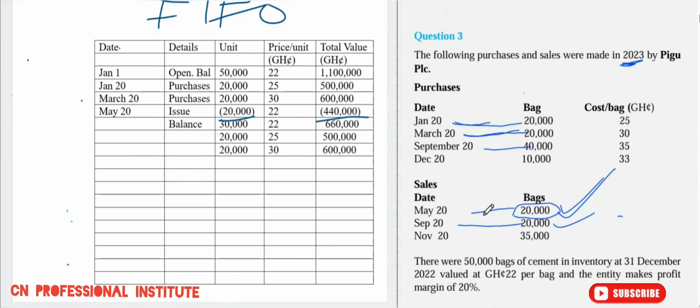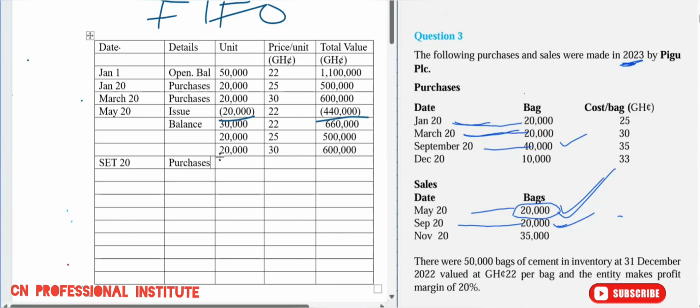But for the weighted average, probably the impact might be different. But I will always treat the purchases first. So even though there are September 20 purchases and September 22 sales, I'll treat the purchases first. So I'm treating the purchases before the sales.